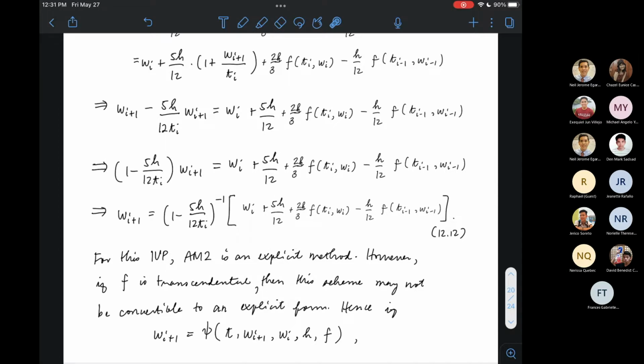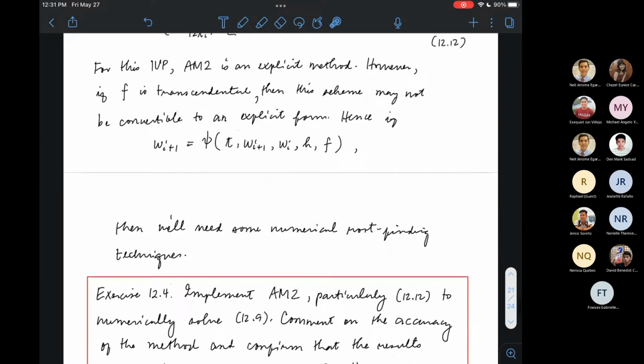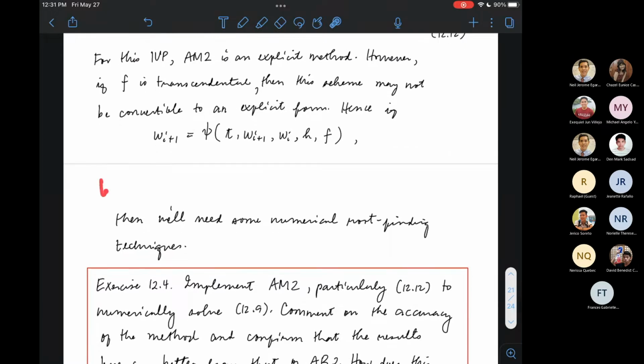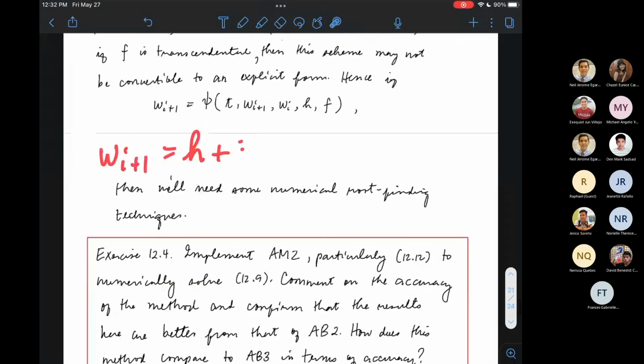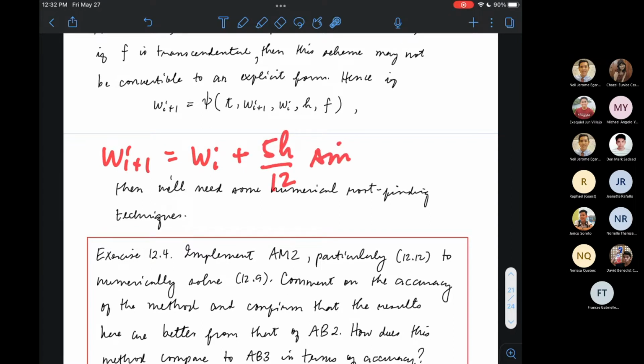Pero kapag siya ay komplikado, halimbawa, meron kang W sub i plus 1 equals W sub i plus, halimbawa, 5h over 12 times sine ng t plus W sub i plus 1 times e to the t sub i minus W sub i plus 1, plus a bunch of function values.